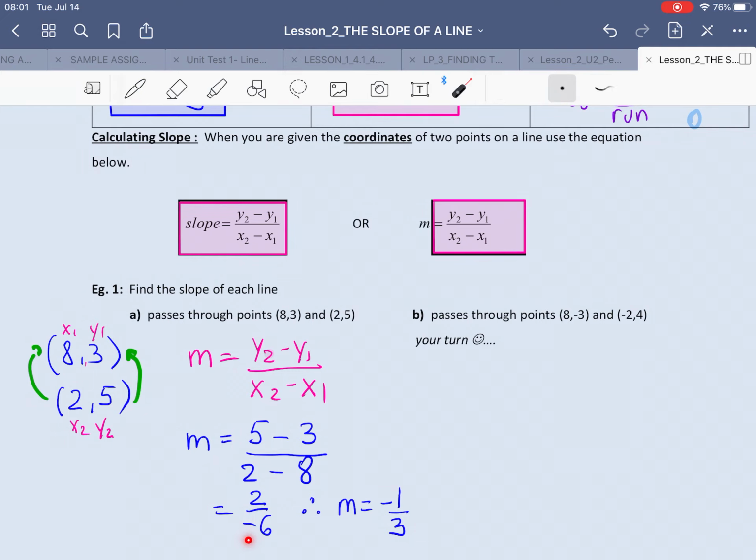And regarding this minus sign that we ended up with in the denominator, remember it can go in front of the numerator, denominator, or in front of the fraction. So what that means is that it means the same thing if we say 1 over negative 3, negative 1 over 3, or negative 1 over positive 3.